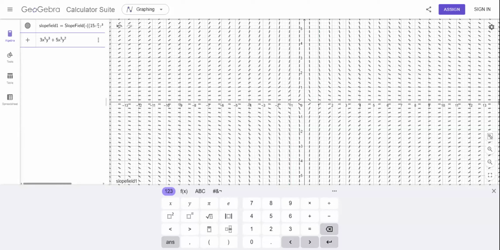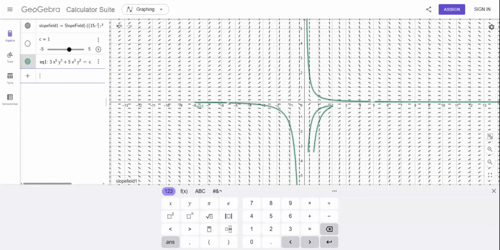Is that right? Okay, equals c, a constant. Now if I make a slider here, I can get some of the solution curves. Yeah, it matches up. It's kind of a mess, a complicated thing, but the solution curves do match up here.